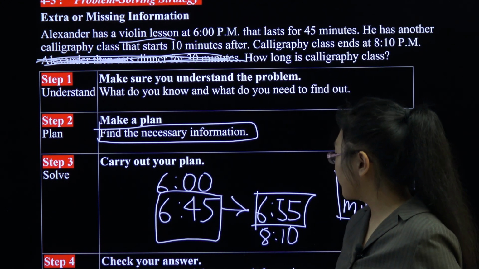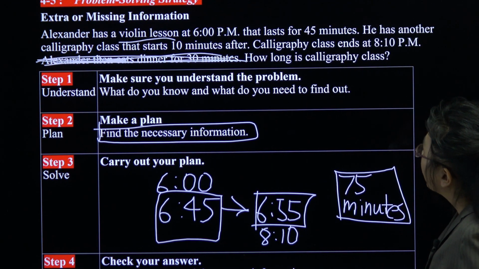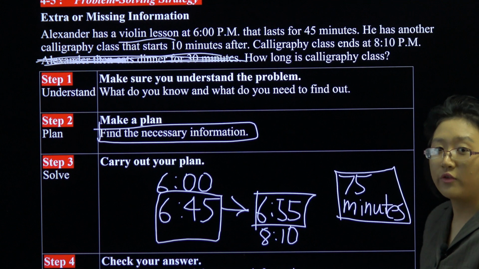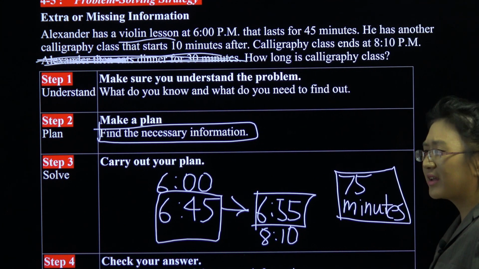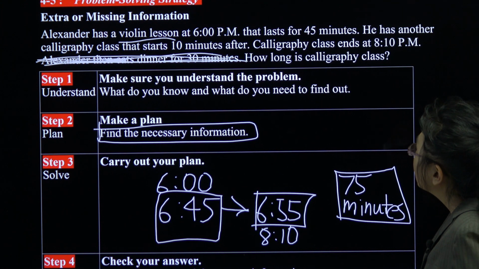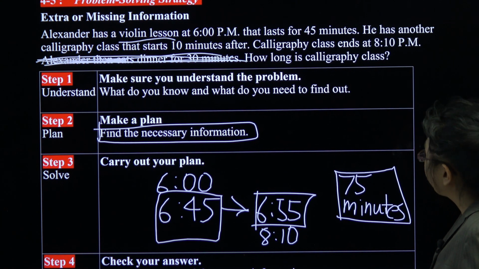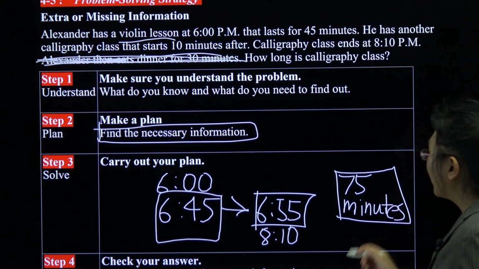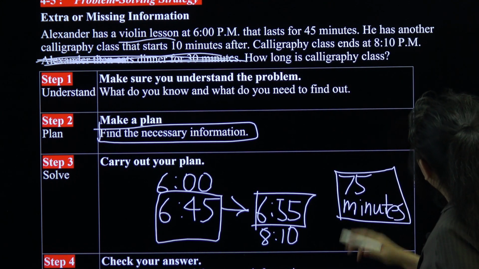Now we check our answer. Make sure that we use the correct information. Well, we managed to solve the question, so usually when you solve the question, you probably used the correct information, at least if you are sure that you solved the question. Our question is, how long is calligraphy class? We got the answer 75 minutes. Calligraphy class ends at 8:10.